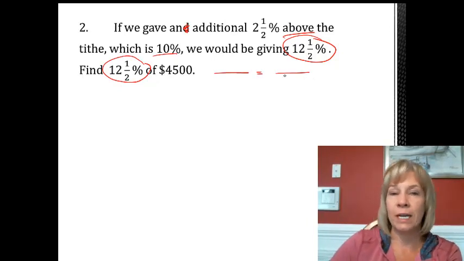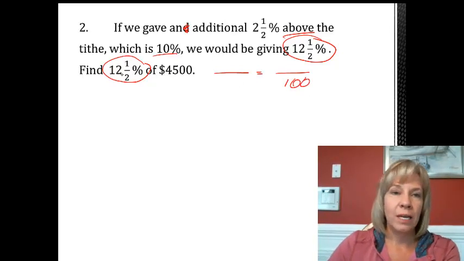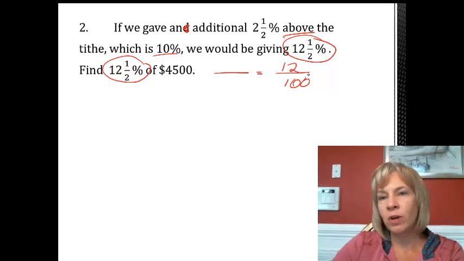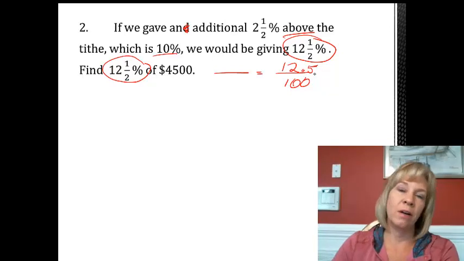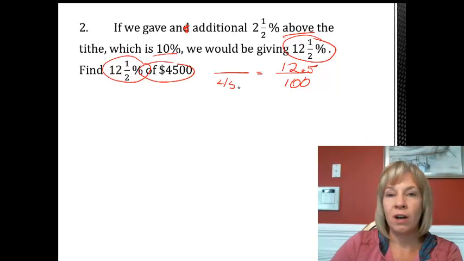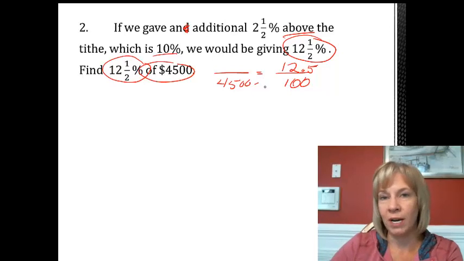So let's set up our proportion. Always have this written out. Your 100 goes here. 12.5 is our percent. And let's go ahead and write that as a decimal. Just makes it more simple to put in our calculator. Of 4,500. So of is on the bottom. All right, so now that we have our problem set up, take your calculator, cross multiply.